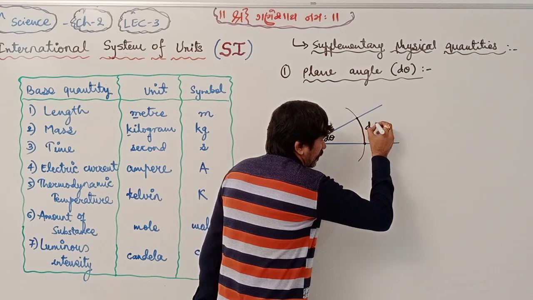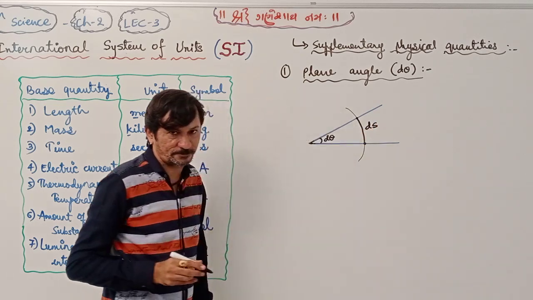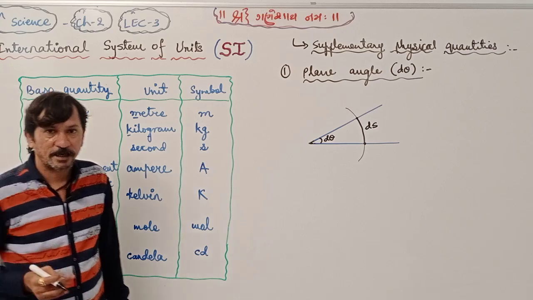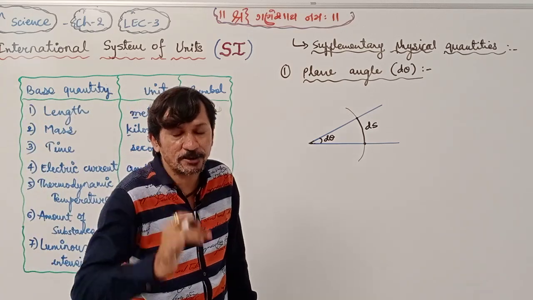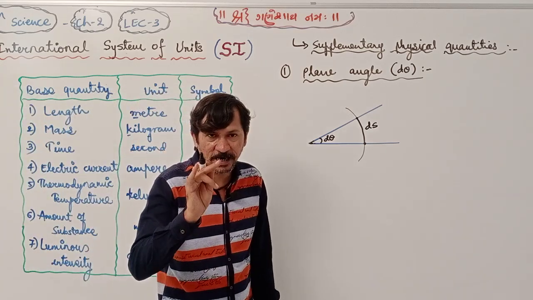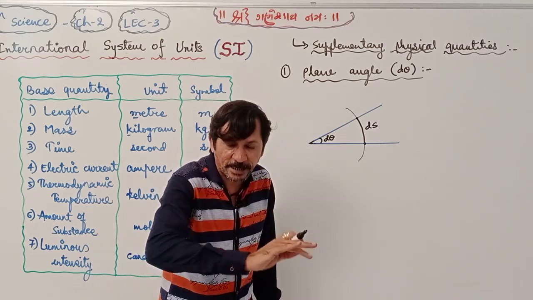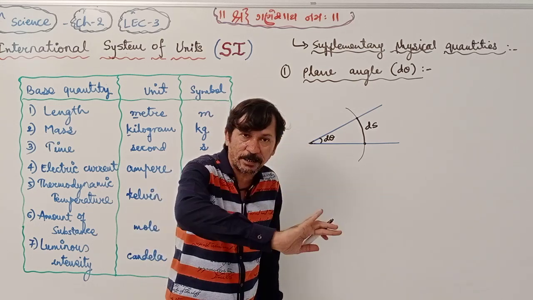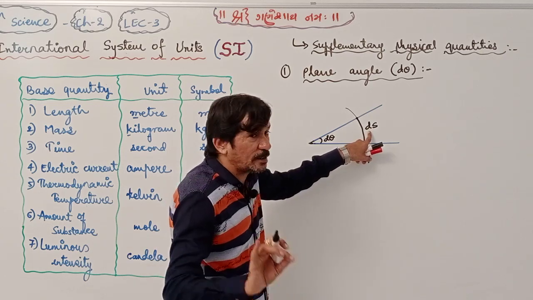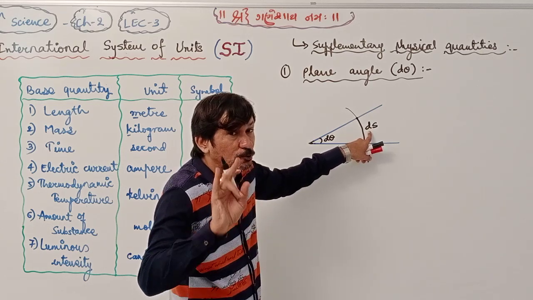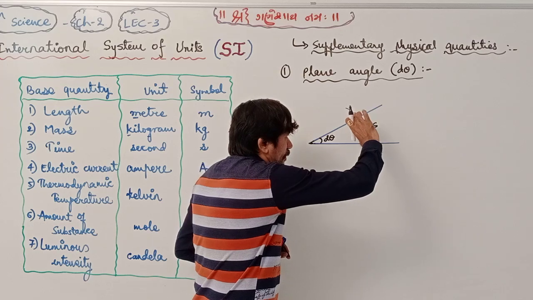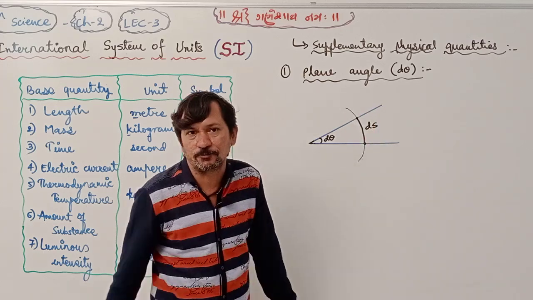It is denoted by ds, where s is a symbol of length of arc. Length of arc is denoted by s, also denoted by l. Any length can be denoted by l. D symbol is used when you know that the length is a smaller value.